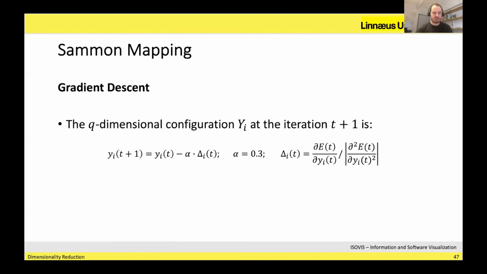So then how do you do that? Well, the new representation of your point, for every point, is equal to the previous one, the one that you already have, which is random initially, minus a certain alpha here, which is the learning rate. Let's say you assume it to be 0.3. In the original paper, it's 0.3. Maybe you can play with that a little bit.